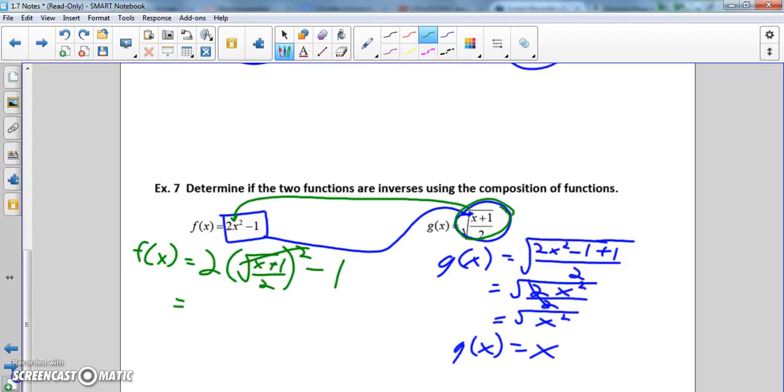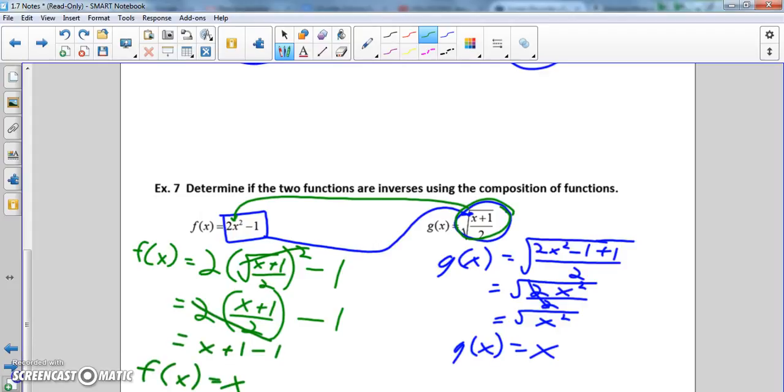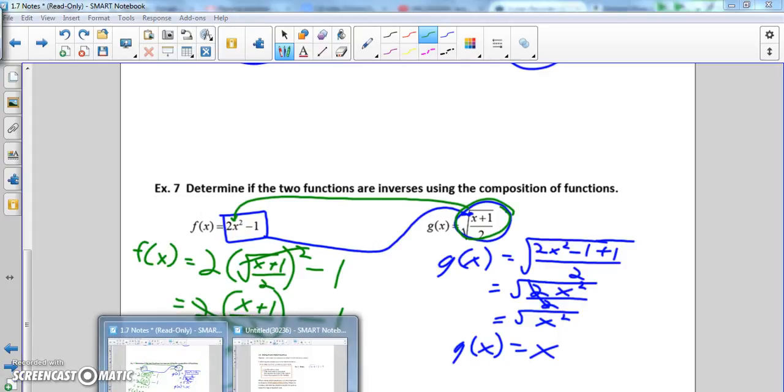So you end up with 2 times (x plus 1) over 2, minus 1. 2's cancel, leaving you x plus 1 minus 1, which leads you down to f of x equals, once again, simply x. And you have proven now that these two functions are inverses of one another. That's the end of 1.7.